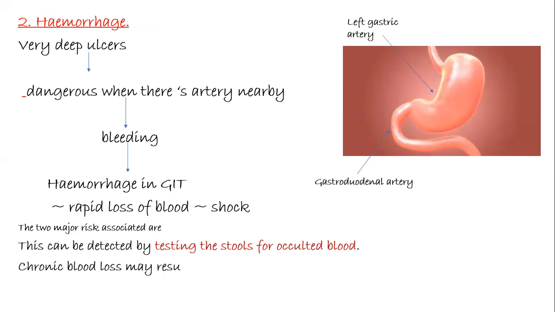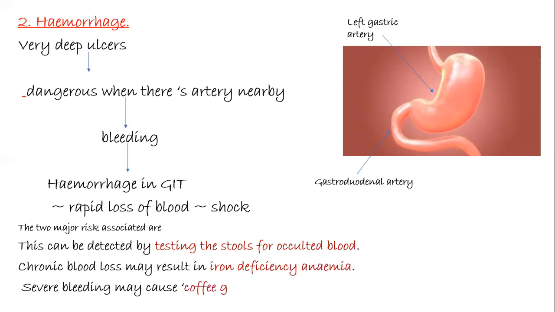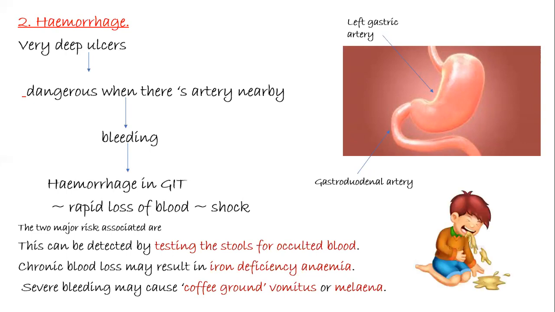Also, chronic blood loss may result in iron deficiency anemia, and severe bleeding may cause coffee ground vomitus or melena. This color occurs due to digested blood.